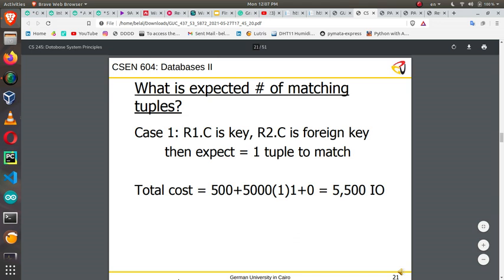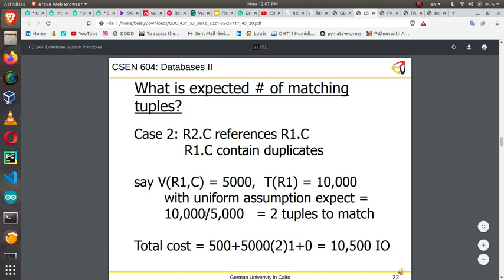In total we have 5,500 input-output operations. The second case, R2.c references R1.c, however R1.c contains duplicates. Given the following statistics, okay, R1 has 10,000 tuples, 5,000 of them are unique, so we can assume that each tuple is duplicated twice.